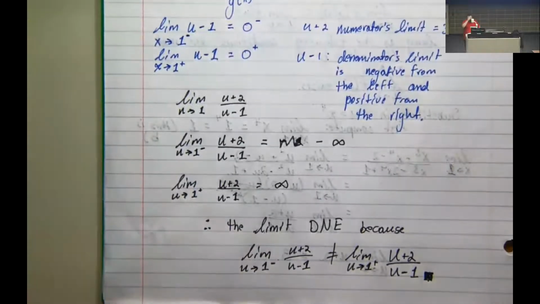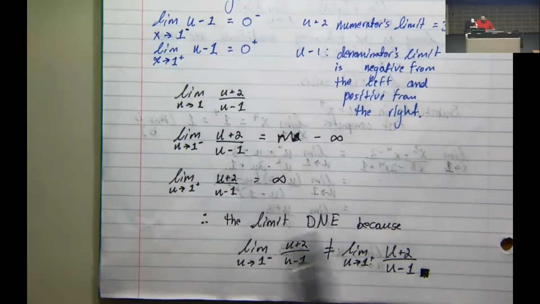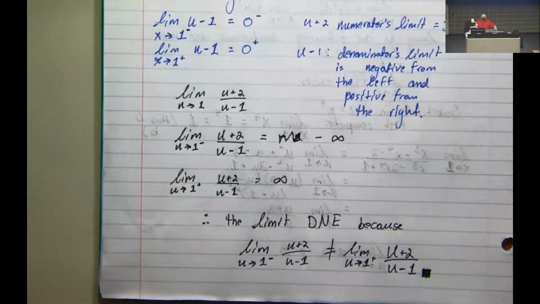There you go. So it already doesn't exist because it's infinity, but infinity is a special type of limit we can still put in. But because these are not the same, it doesn't exist also because the limits from either side are not equal to each other. Are there any questions on that?